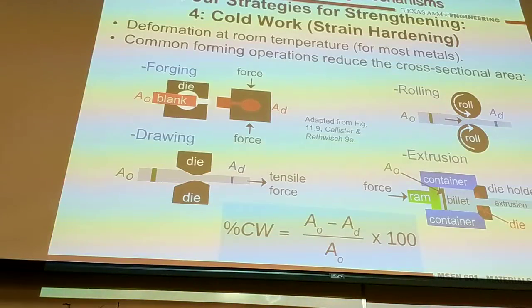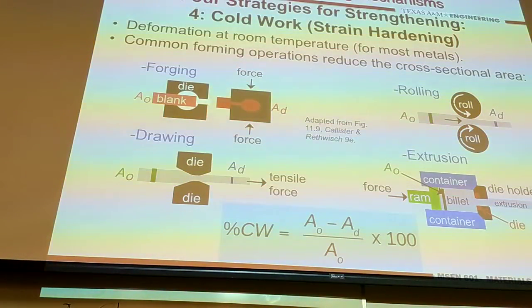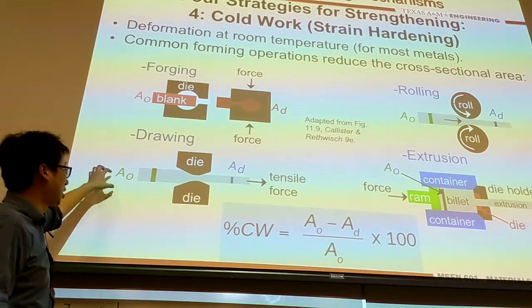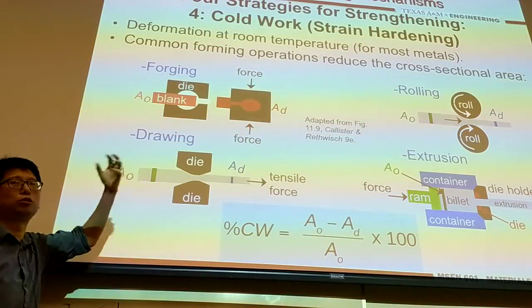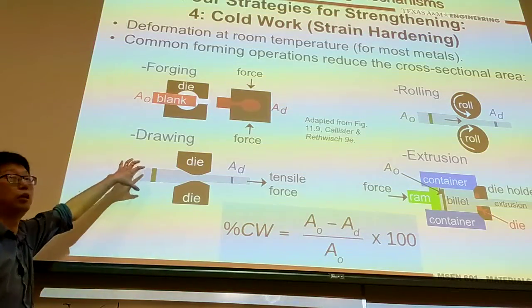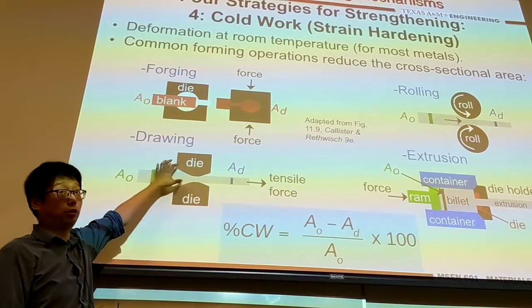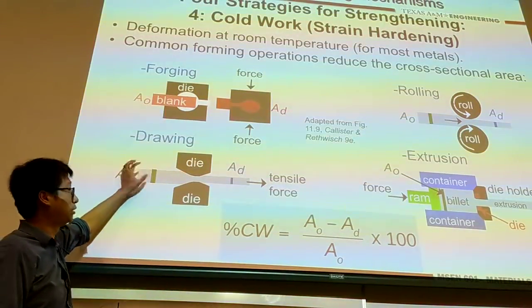But why is this related to dislocation? We're saying applying cold work, but why is it related to dislocation? On the left-hand side, it's probably a relatively large grain or single crystal, usually not single crystal but larger grains, without much dislocation density.